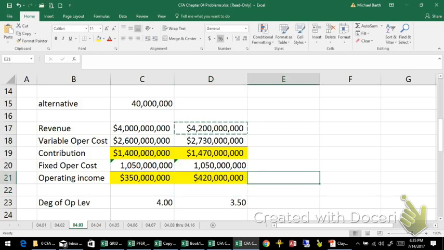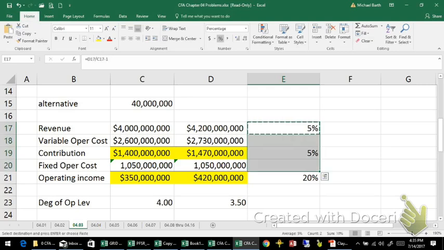And if you take the percentage change here, we can see the percent change in operating income. The revenue would go up 5%, so the variable would go up 5%, which means the contribution margin would go up 5%.